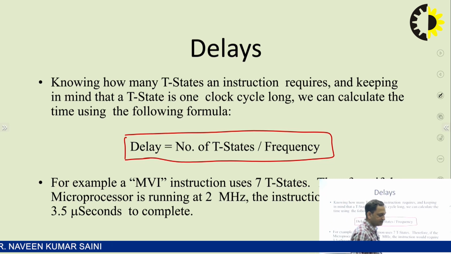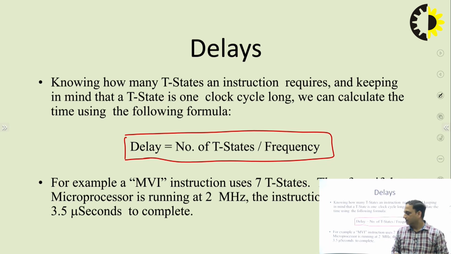The 8085 works in the range of 3 to 5 megahertz. The 8086 works at 6 megahertz or up to 10 megahertz.